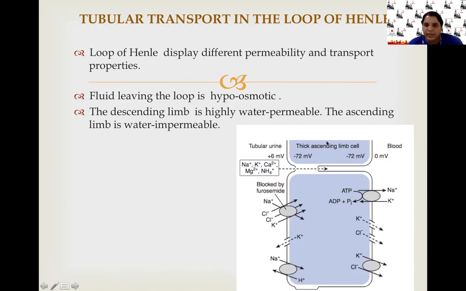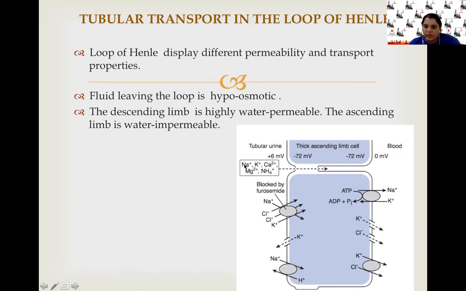Now, in the loop of Henle, again, sodium is absorbed into the cell along with chloride and potassium. This sodium exits the cell independent of potassium and chloride through the Na plus K plus ATPase, and the potassium and chloride exit the cell independently as part of the K plus chloride minus co-transporter.